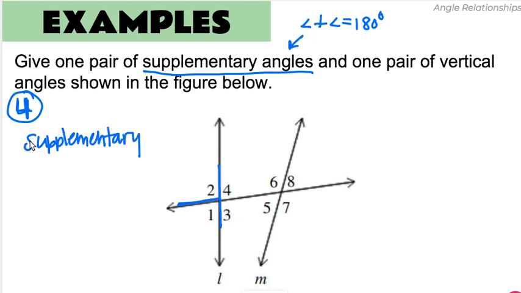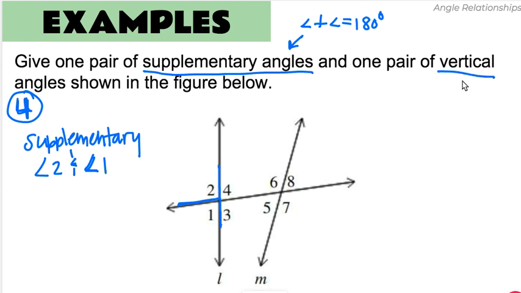So write down supplementary. We're going to say angle 2 plus angle 1. And I guess we don't even need the plus. We can just say angle 2 and angle 1. Create supplementary angles. You could have also said 6 and 8, 5 and 7, 8 and 7. There's a million different options.